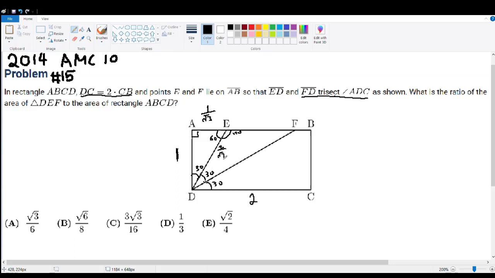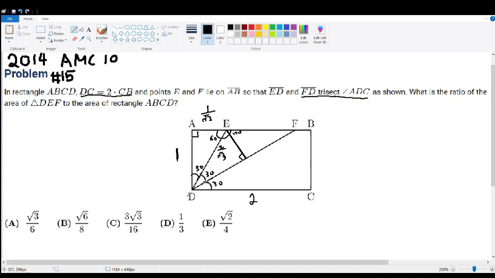Now, since this is 30 degrees, you can put another line like this, creating a right triangle, another 30, 60, 90 triangle here too.